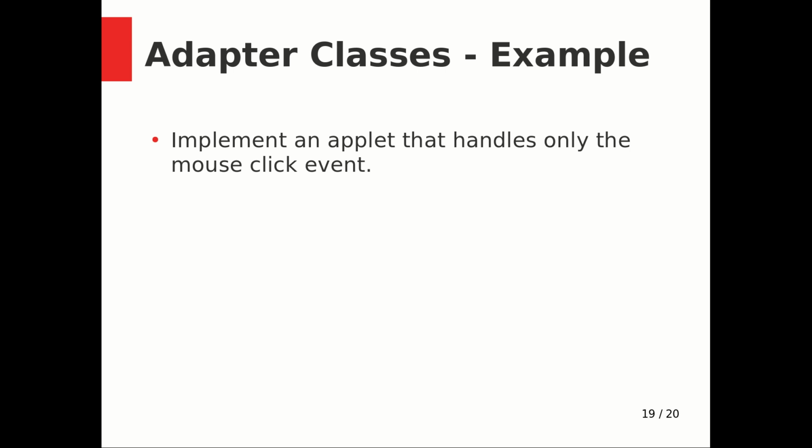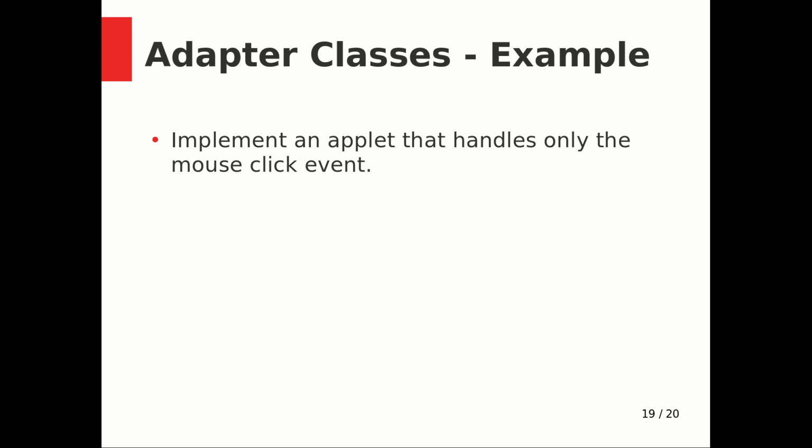But here the significant difference is that we are not going to handle all the methods of the mouse listener. Instead, we will be handling only one method, and the only method that we are going to implement will be mouse clicked.